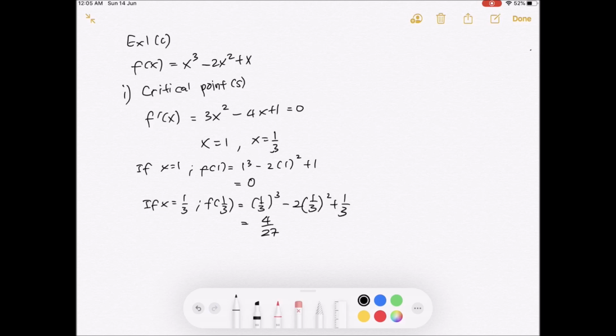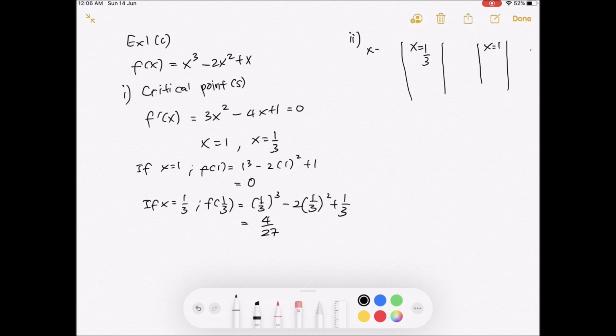4/27. Okay, so we test the critical points with x equals 1/3 and x equals 1. Then we find values in between 1/3 and 1, as well as greater than 1 and less than 1/3.